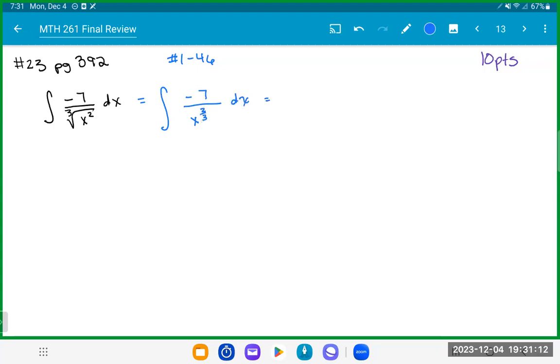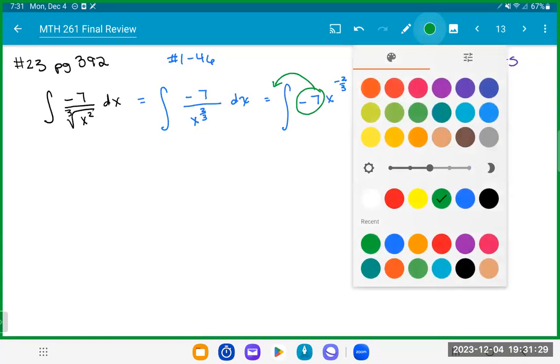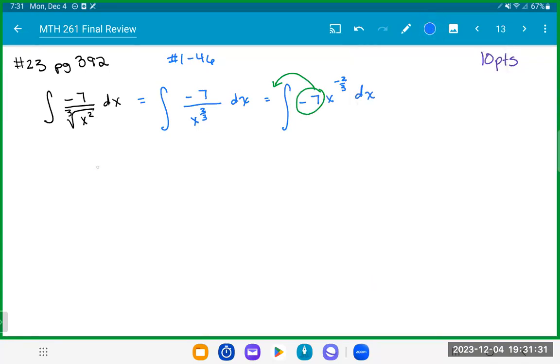And then we'll bring that x up into the numerator. So the integral of -7x to the -2/3 dx. Okay. So we can bring this -7 to the outside. And that gives us -7 times the integral of x to the -2/3 dx.